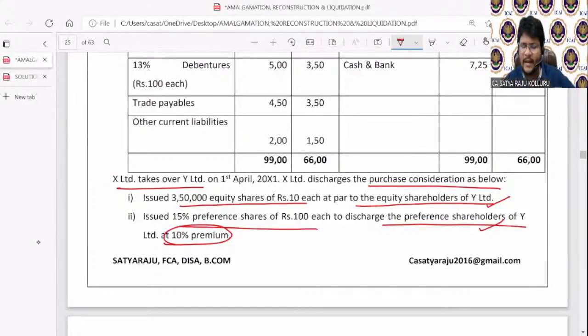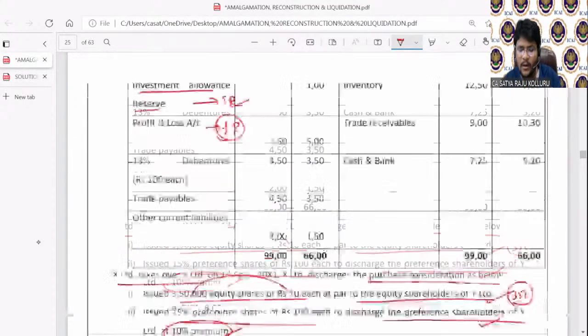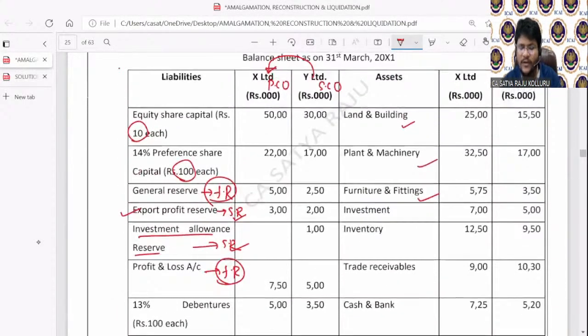Now, let us calculate PC. Issued 3,50,000 equity shares at 10 rupees each means 35 lakhs need to be issued to the equity shareholders of the selling company. Issued 15% preference shares of 100 each to discharge the preference shareholders of Y Limited at 10% premium. Now, preference shareholders are discharged at 10% premium, which means existing face value is 17 lakhs.